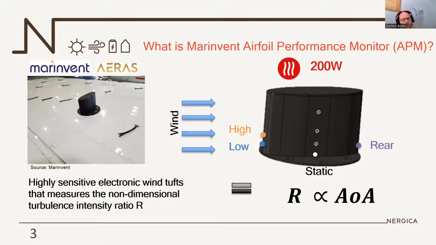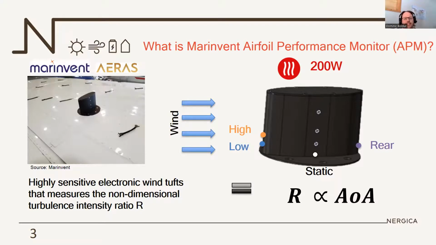The R value will be very linear with angle of attack for a portion of the wind flow. But when stall occurs, if there's any disruption of the flow, the device can detect the disruption.